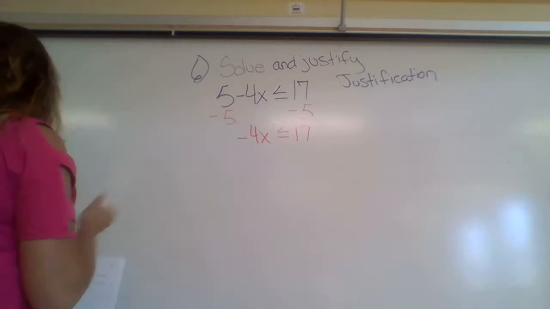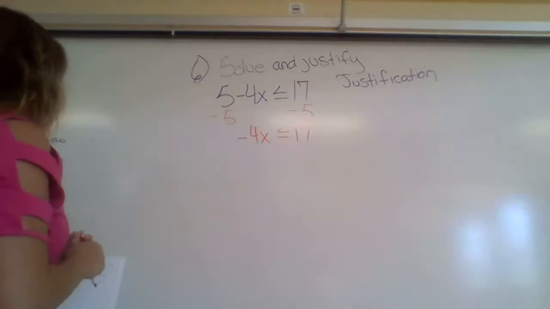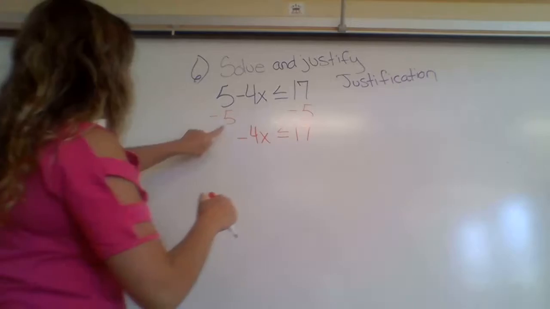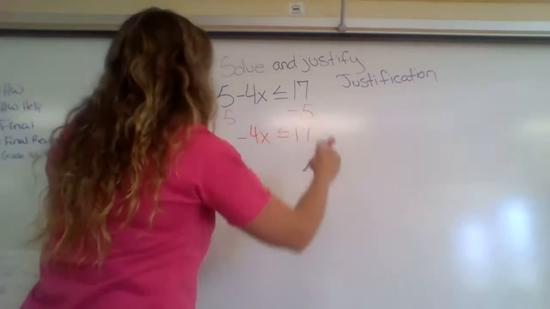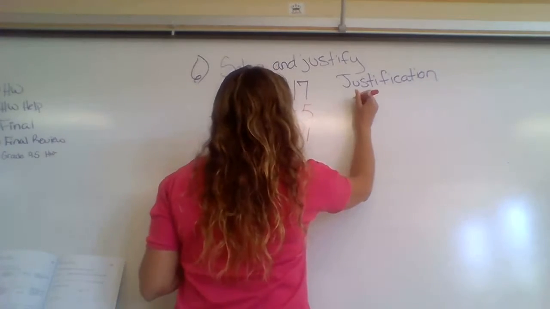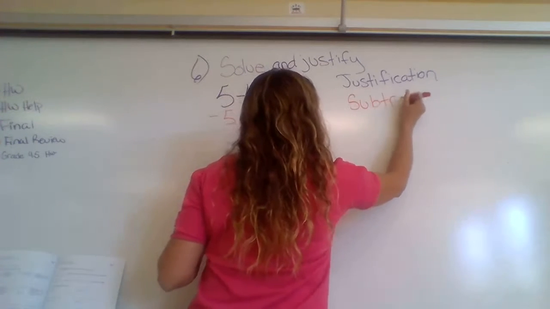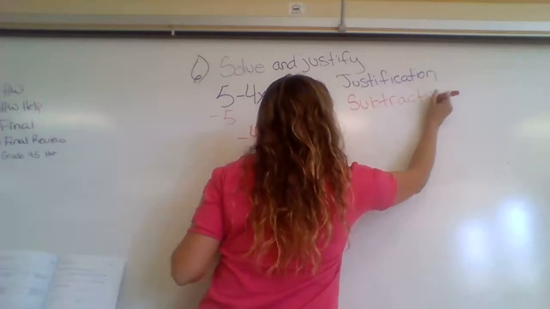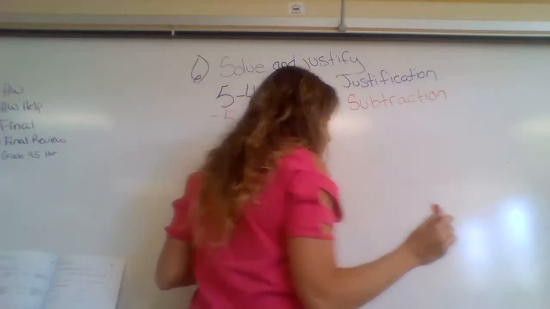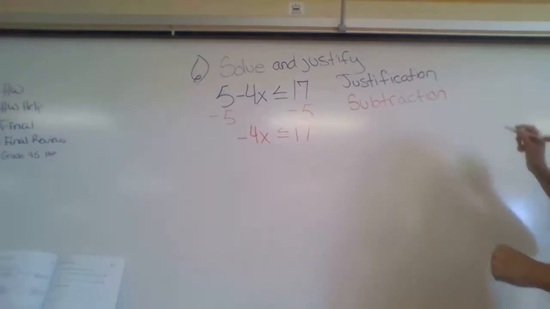Then we have to justify this step. Why can we subtract 5 from both sides? It's the subtraction property of inequality, because we subtracted the same number from both sides.